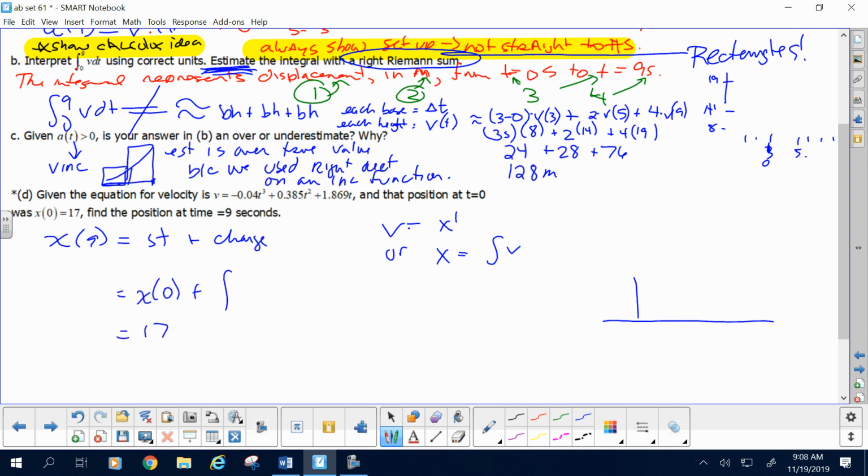And how do you find the change in displacement, or change in position, which is also the displacement? Integral from 0 to 9. And so that's where the calculator comes in. If you take the starting position 17 plus the change in position, the integral, then you get something like this. This is where you go to your calculator.